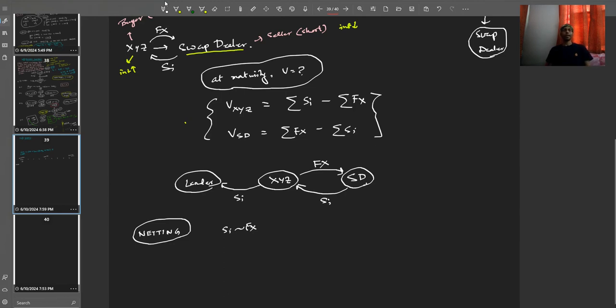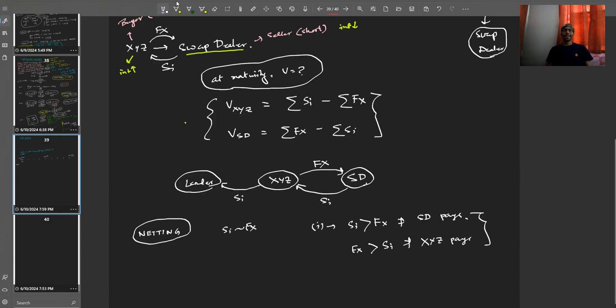So, for example, if in any period, let's say t is equal to i, the variable payment is greater than the fixed payment, then the swap dealer has to pay, right? And in some other case, if the fixed payment happens to be higher than the variable payment for that period, then the company, XYZ, has to pay, right? So at each period, only one of the parties has to pay and the amount is equal to the differential of the two amounts, whichever is higher.